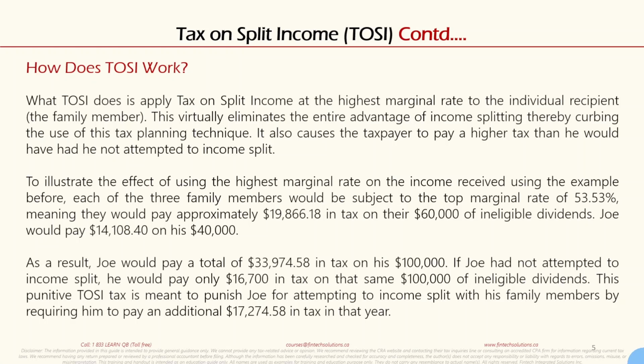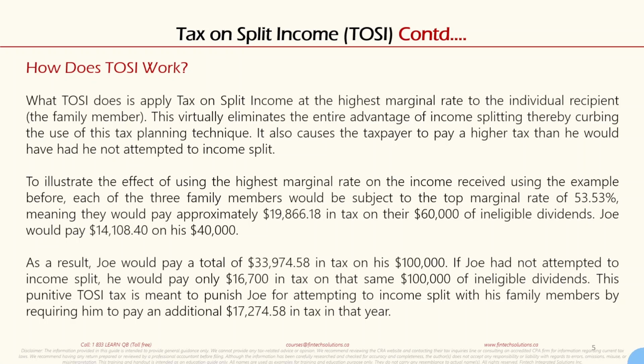So let's understand with an example. To illustrate the effect of using the highest marginal rate on the income received, using the example before, each of the three family members would be subject to the top marginal rate of 53.53%, meaning they would pay approximately $19,866.18 in tax on their $60,000 of ineligible dividends.